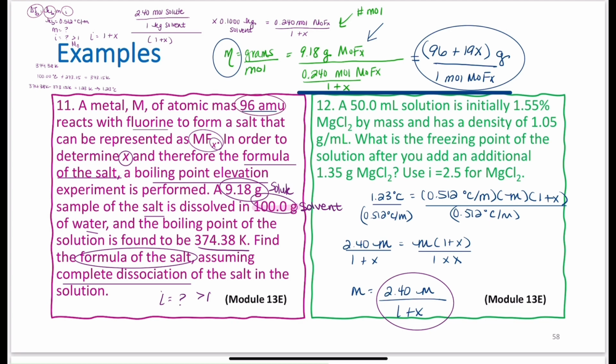Again, I don't know how many x's there are, but I know that 96 plus 19 times that number of x's would equal 1 mole of that compound. And I'm going to algebraically solve this thing. I don't know where I'm going to do this. Let's find some space. Excuse me. We're going to erase, so please write down things you're missing.